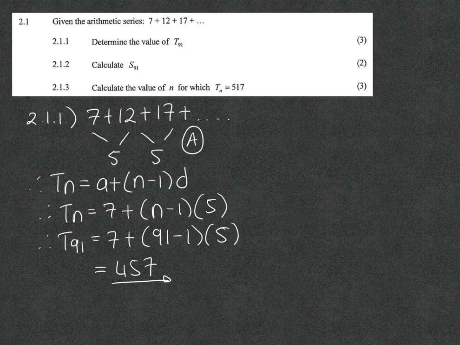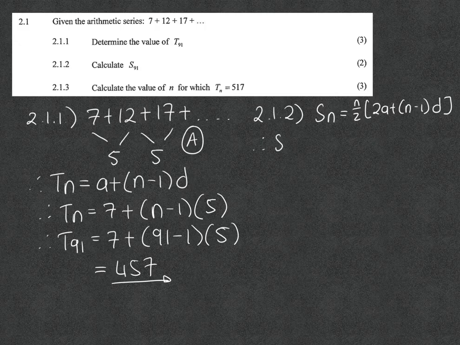The next one is working out your S of 91, the sum, so 2.1.2. The S of n formula for an arithmetic series, if we do not have the last term, is n over 2, open square bracket, 2a plus n minus 1 times d, close square bracket.